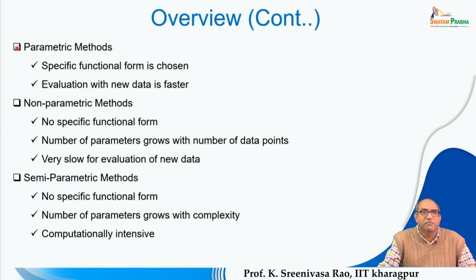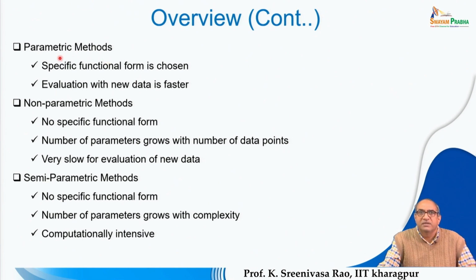In the case of parametric methods, the way the probability density function of a given data will be estimated is the following. Parametric methods use some parameters with which you can estimate the density.